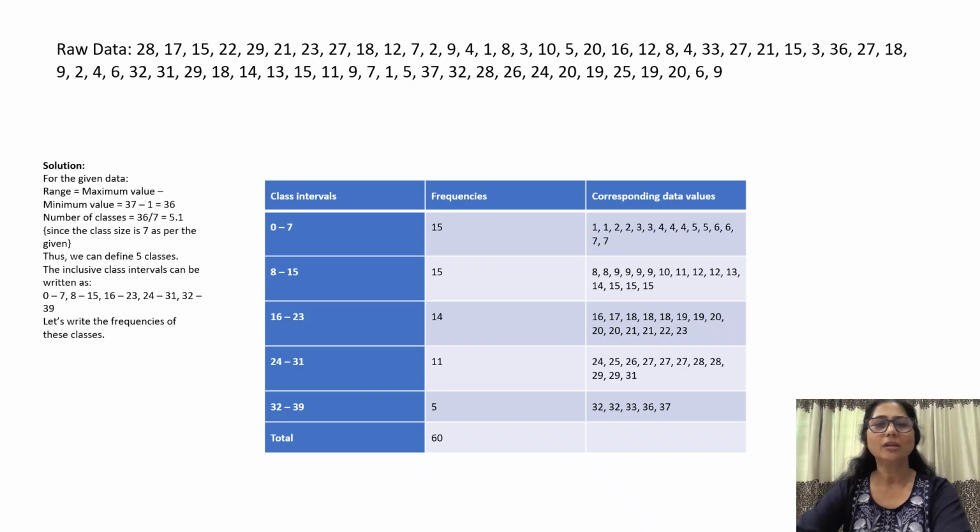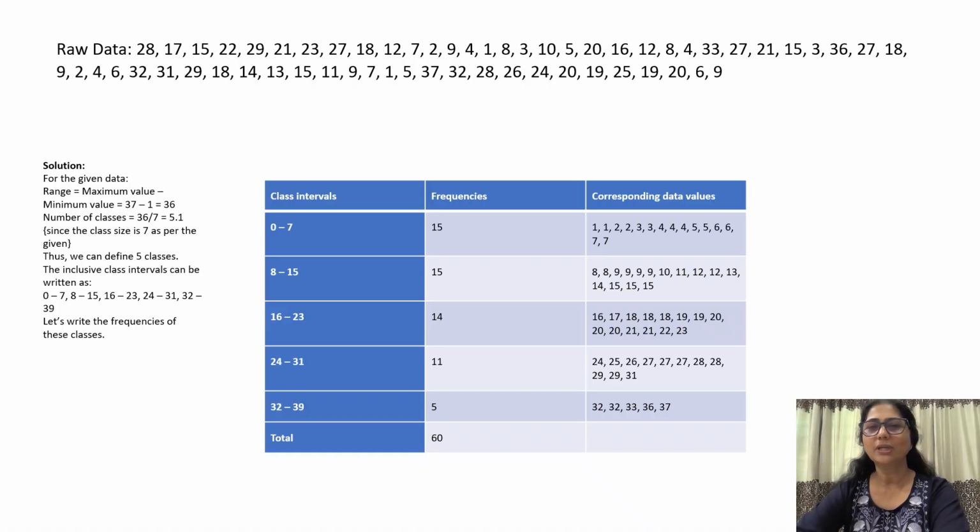The classes are arranged in this table. So in the inclusive class intervals, we have 0 to 7, 8 to 15, 16 to 23, 24 to 31, 32 to 39.